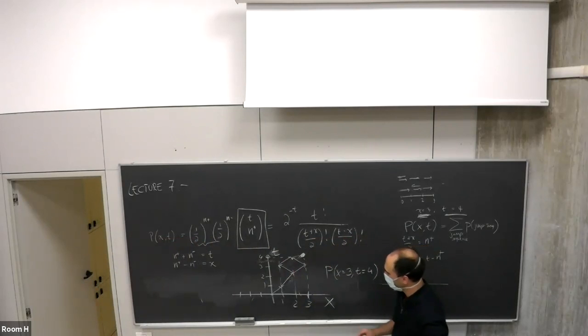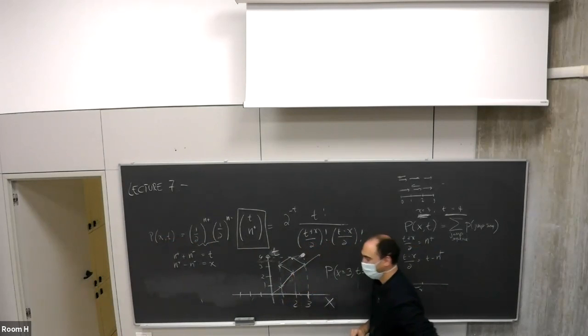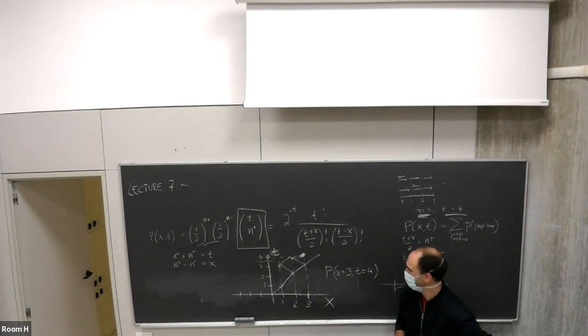So how can we do this? We could do one step forward, another step forward, another step forward, another step forward. You don't make it. So there is no way. And there actually should be 4 ways.